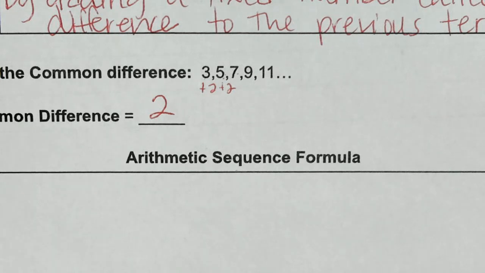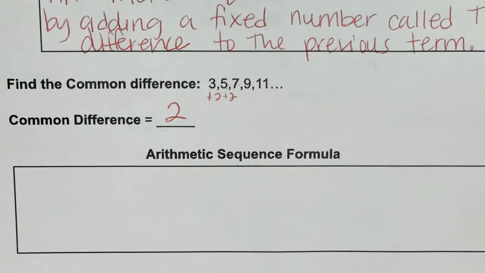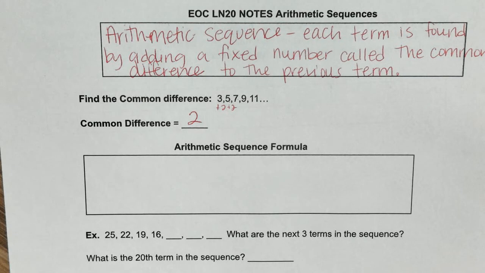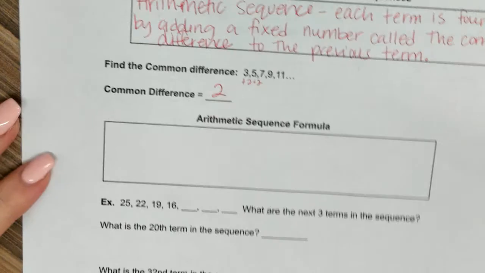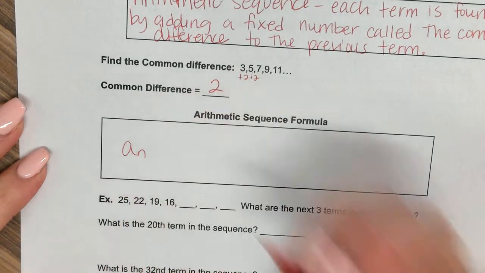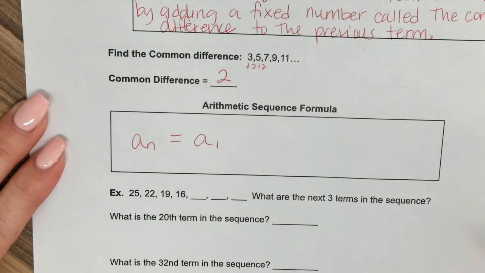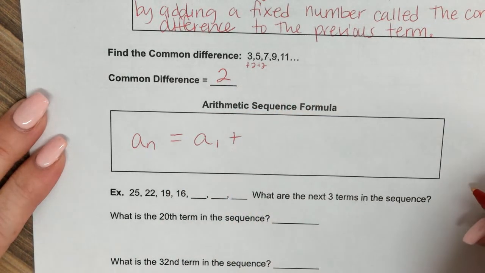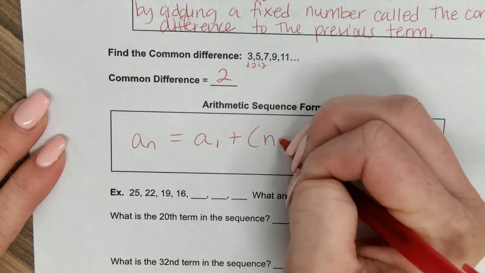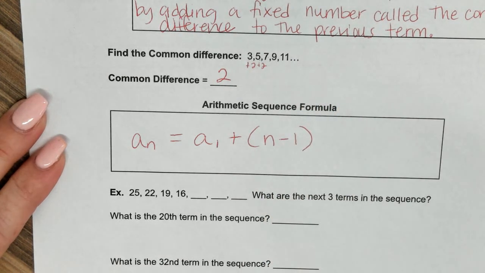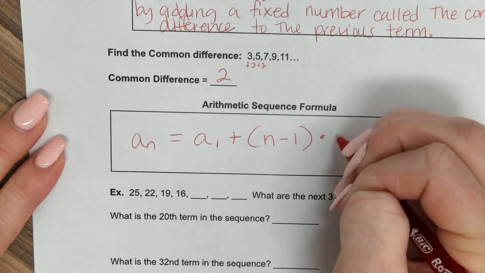Easy? Super easy. But what makes this an algebra lesson is that these mathematicians figured out a formula for this. And the formula is this. It looks really hard, but it's not. It's a sub n equals a sub 1 plus, open parentheses, n minus 1, close parentheses, times d.